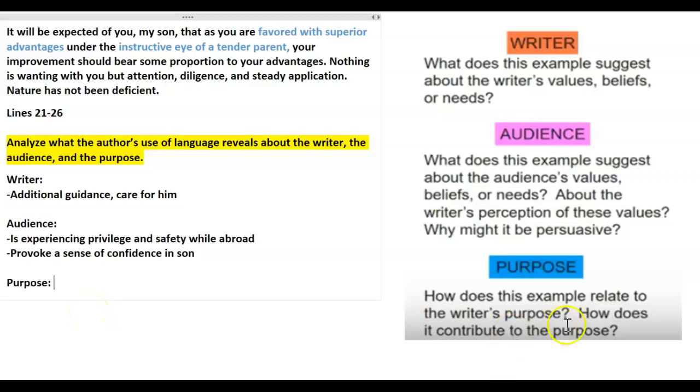For the purpose, how does this example relate to the writer's purpose? How does it contribute to the purpose? Really, what she is doing is saying that the challenges and the difficulties he is safe.